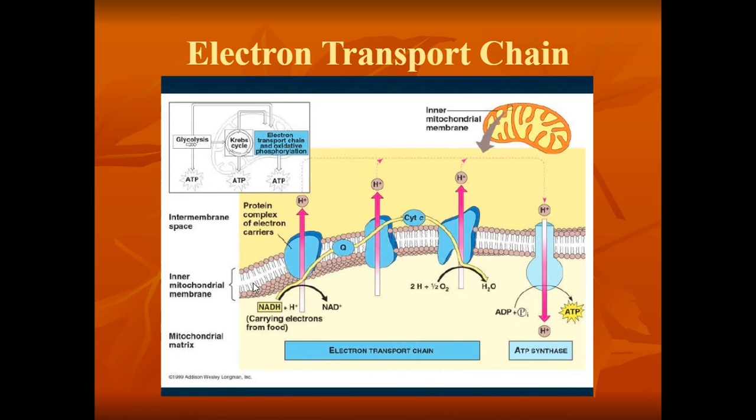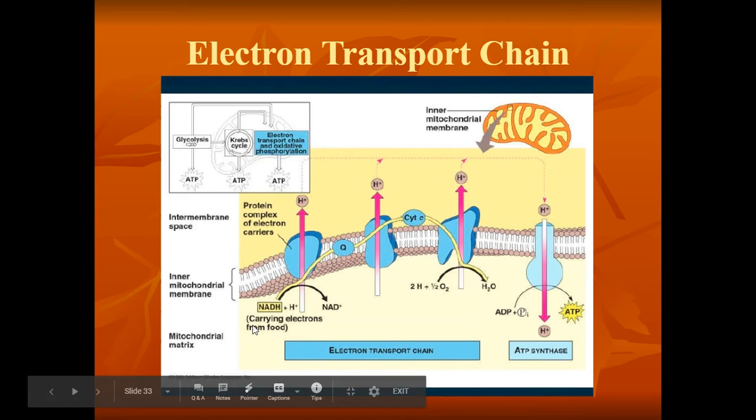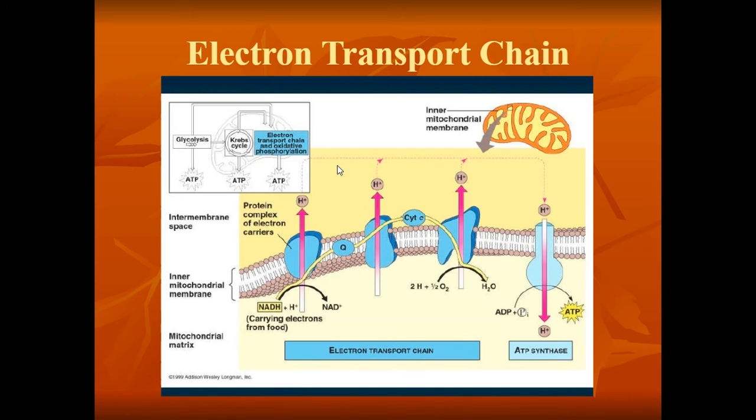And so what happens is we have our NADH that was carrying electrons. It gets broken down into its lower form, and we use those. We take those H pluses, those electrons, and we pump them into the actual inner membrane space.